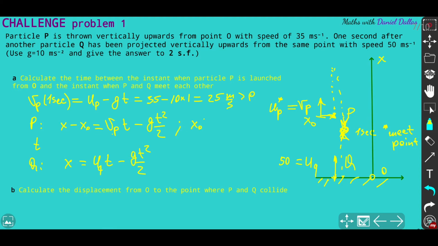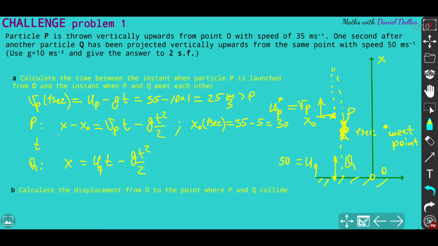To find x0, we just plug 1 second into the formula, using the same structure, but instead of VP we use UP. So UP was 35, so we have 35 times time, 1 second, minus 5, and it's going to be 30. As you can see, we've got 30 here, and that's the initial coordinate.